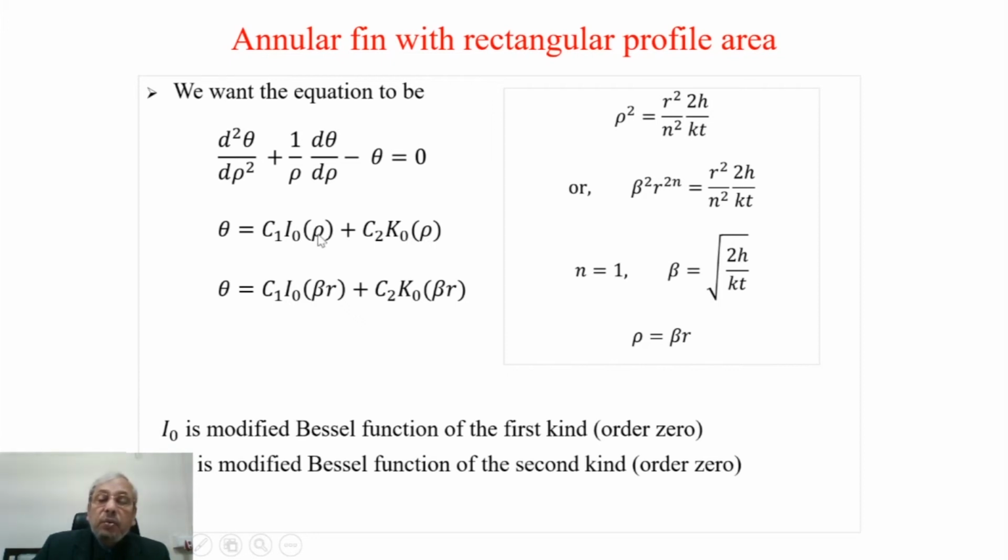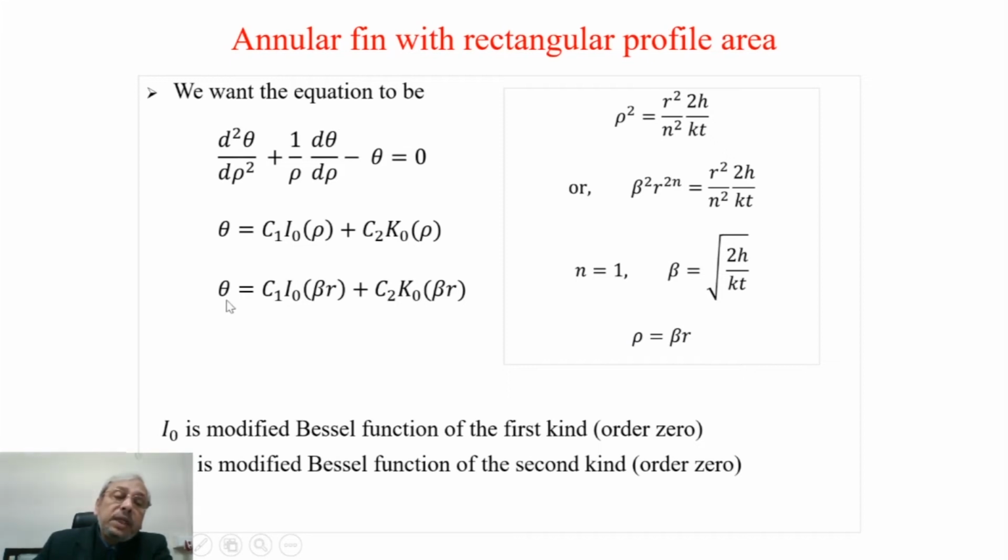Rho is the argument, and basically rho is an r dependent function, beta into r, where beta are all physical parameters and r is the radial direction, or how it is varying with the radius. That is indicated by varying r.